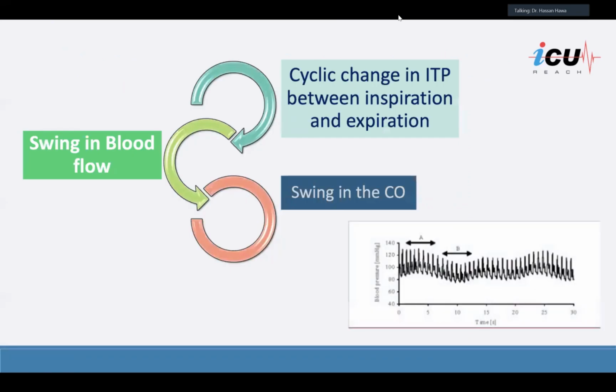Again, this is just to illustrate that cyclical change in intrathoracic pressure between inspiration and expiration will lead to swing in the blood flow, leading to swing in the cardiac output, and this will be reflected in the blood pressure waveform.